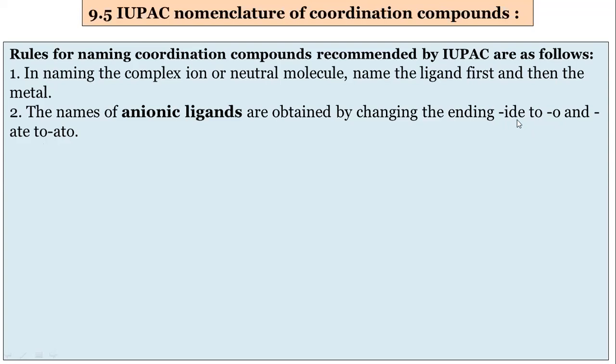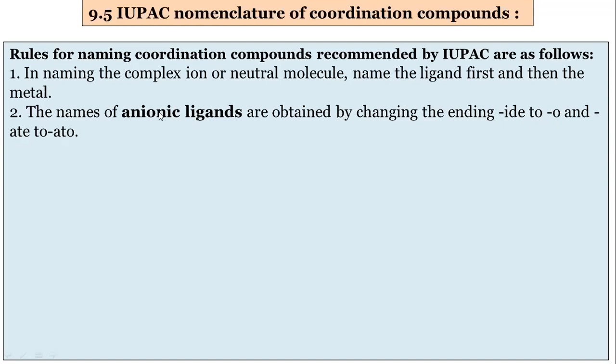I will explain. When chloride is there, chloride is a negatively charged ligand. In the nomenclature system, you have to write chloro. If bromide is there, we will write bromo, like this. It ends with -o. And if carbonate is there, it ends with -ate, so we have to write carbonato, like this. Carbonato ends with -ato.